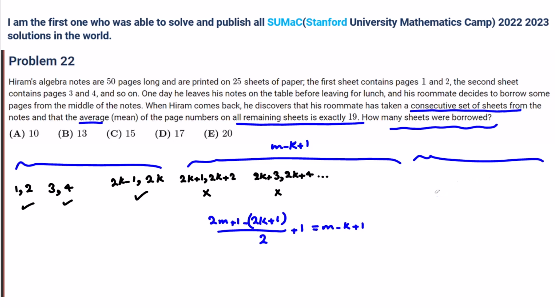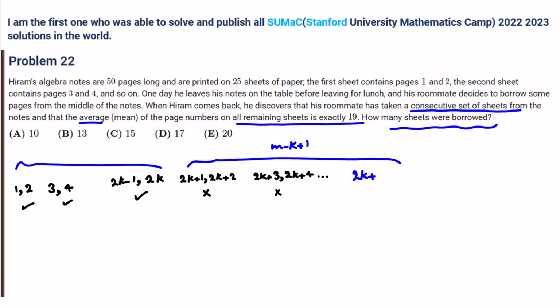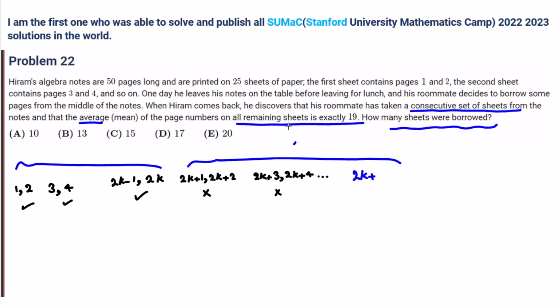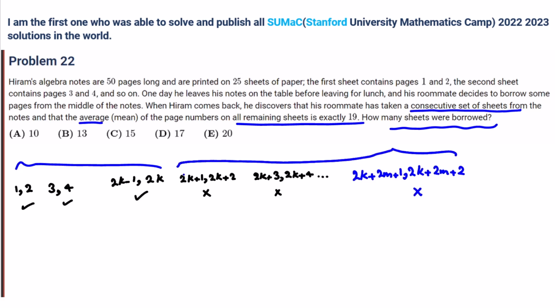If I want to remove, I decide to remove 2k plus 1, 2k plus 3, for example, 2k plus, let's consider m as, let's remove this. So 2k plus 2m plus 1, 2k plus 2m plus 2. Suppose these pages, these sheets are the sheets that we remove, okay?